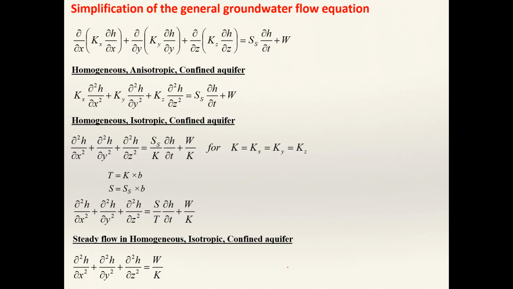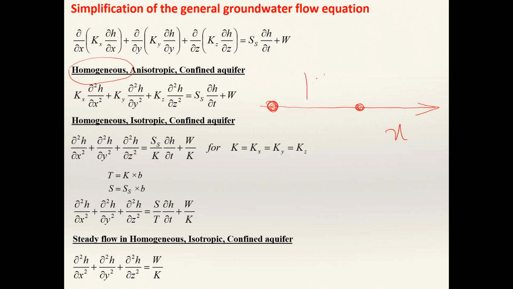All right. So I will take it case by case. The first case is we assume our aquifer is homogeneous. What is the meaning of homogeneous? If the aquifer is homogeneous in the x direction, hydraulic conductivity from this point to this point does not change.